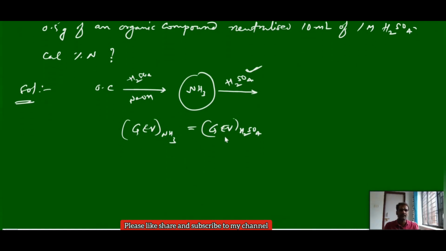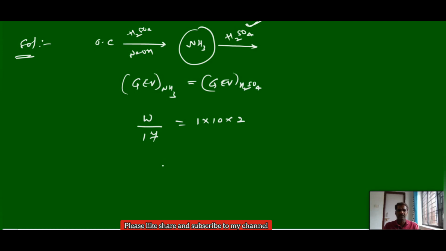Again, gram equivalents of ammonia should be equal to gram equivalents of sulfuric acid. Anyhow, they gave the information about the sulfuric acid, we have to find out the ammonia. Gram equivalents means weight of ammonia by equivalent weight of ammonia. Equivalent weight we know is 17, equal to molarity, volume and N factor. Molarity 1 molar and volume is given 10 ml and its N factor is 2.